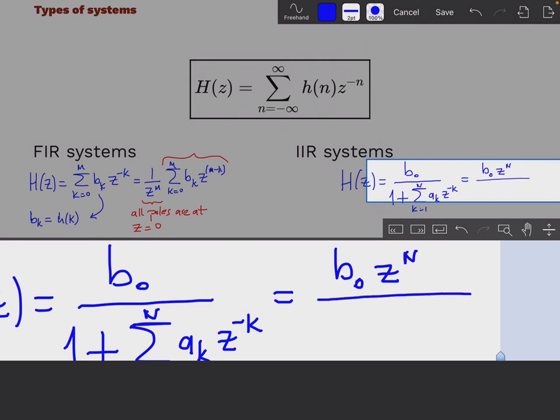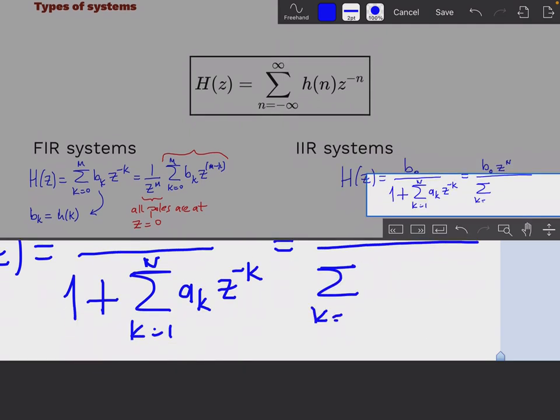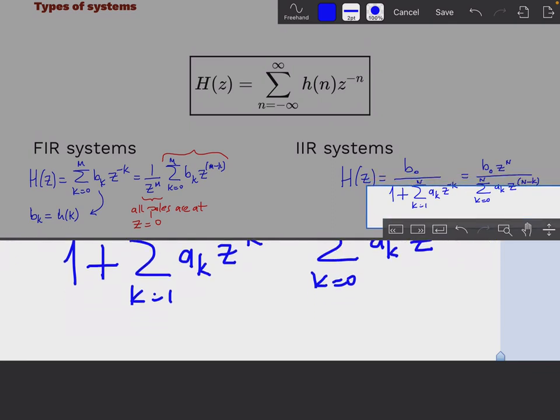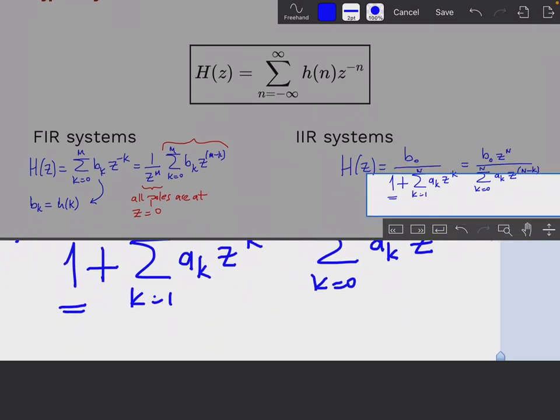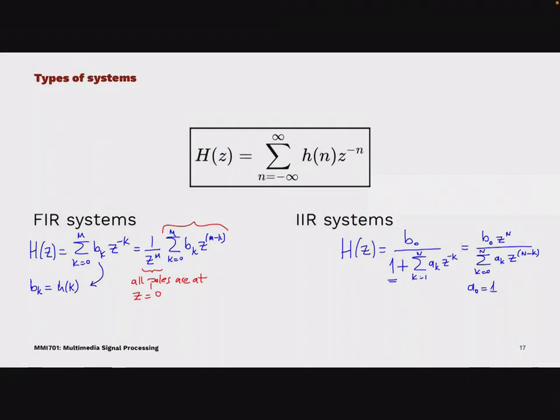And the denominator polynomial becomes the sum over k from 0 to n of a sub k z to the power n minus k. But since in the original form the first coefficient is 1, we have to make sure that a0 is 1 in this form. Again, we can have many different types of IIR systems.